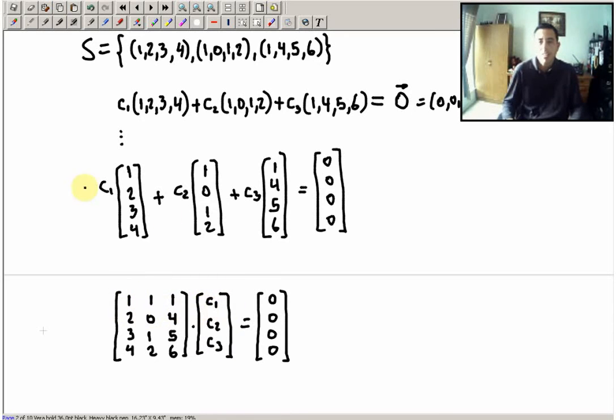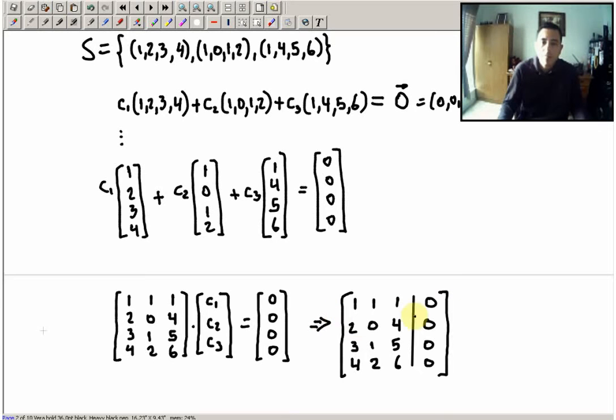So when you multiply rows times columns, this number gets multiplied by C1, plus this 1 gets multiplied by C2, plus this 1 gets multiplied by C3. Same thing with the second row, which is 2, 0, 4. It gets multiplied by C1, C2, C3. It's always row times column. That's another way of obtaining the matrix, and of course this leads to the augmented matrix like that.